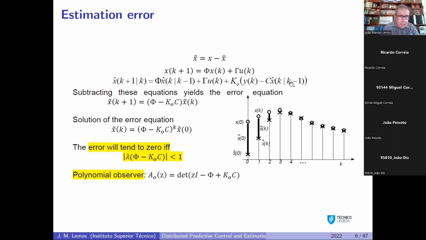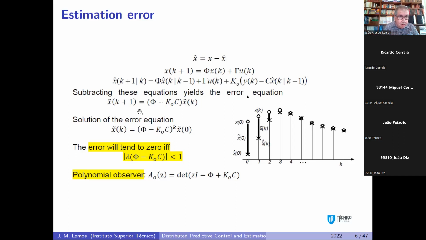If I subtract these equations, gamma uk cancels with gamma uk. Then you have phi xk and phi x hat, so when you subtract these two terms, you get phi x tilde. And here y is Cx, so this is KO C x tilde. So you end up with this equation: the error satisfies this equation here.